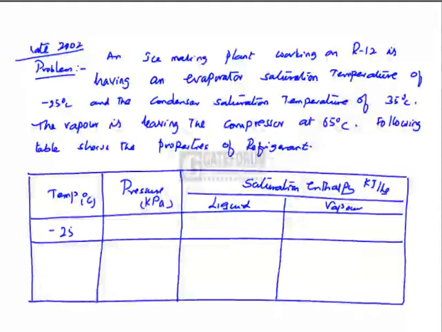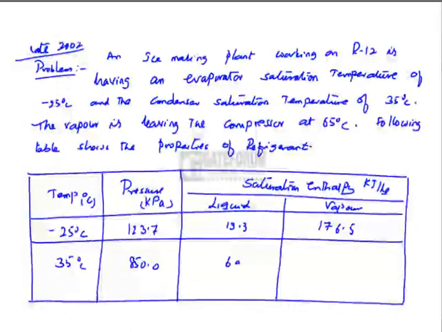For minus 25 degrees centigrade it is 123.7 kilopascal saturation pressure. Saturation enthalpy is 13.3 for liquid, 176.5 for vapor. For 35 degrees centigrade saturation temperature, the pressure is 850.0 kilopascal. For liquid it is 69.6 saturation enthalpy. For vapor it is 201.5 kilojoule per kg.